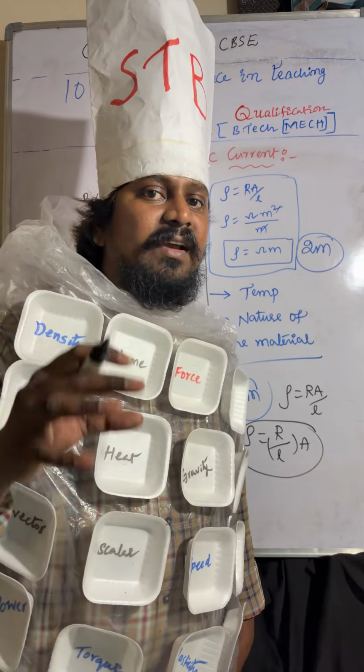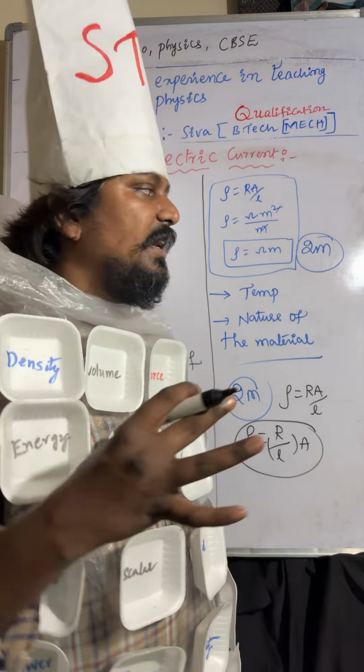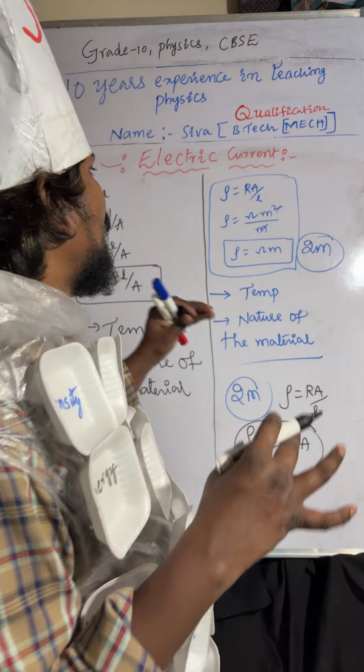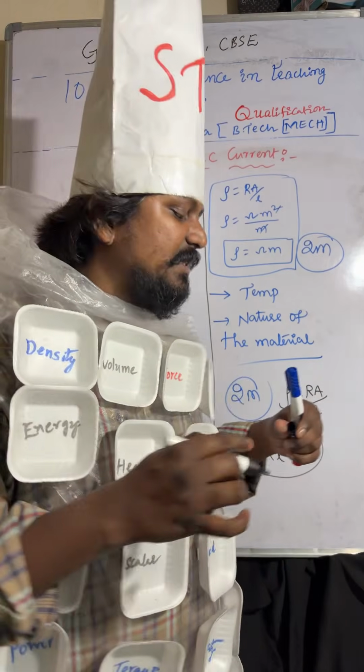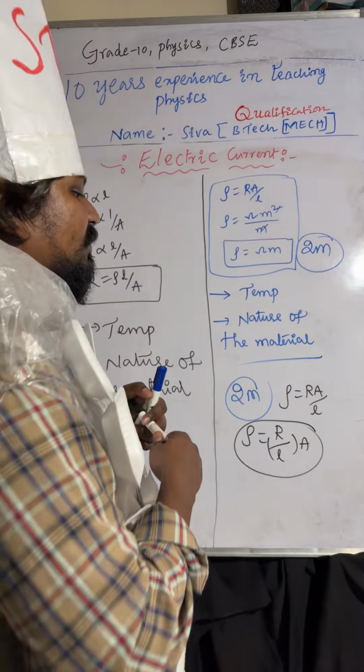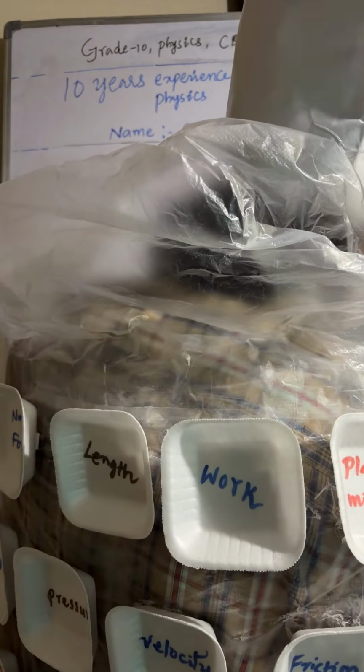Understood or not? SI unit is very important and definitely related to these two concepts problems they will ask. And the difference is also very important. SI unit also very important. Relation between resistance and resistivity also very important.